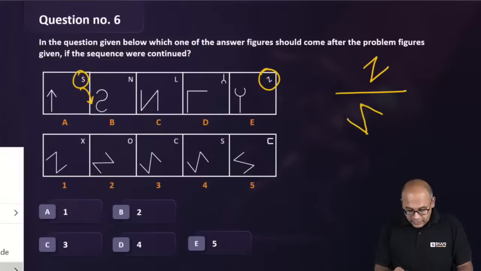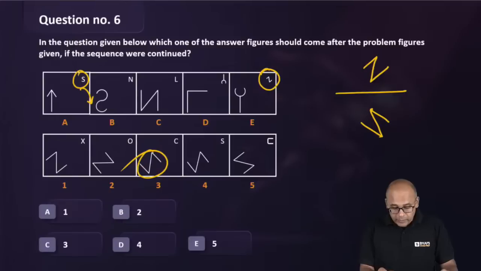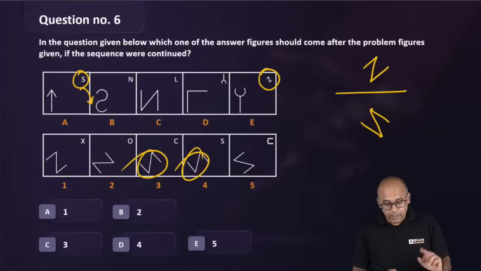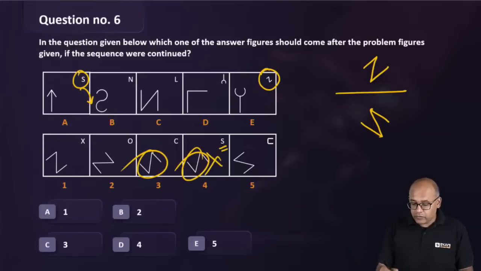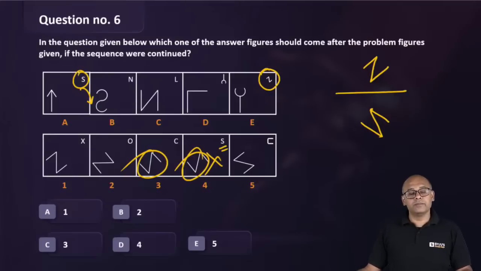So I have to draw this correctly. So this point, this point, this point and this point, which is there in your value over here. In fact, both of them are there. But why is it not S? Why is it not option 4? Can somebody tell me? Because both of them have the same figure.